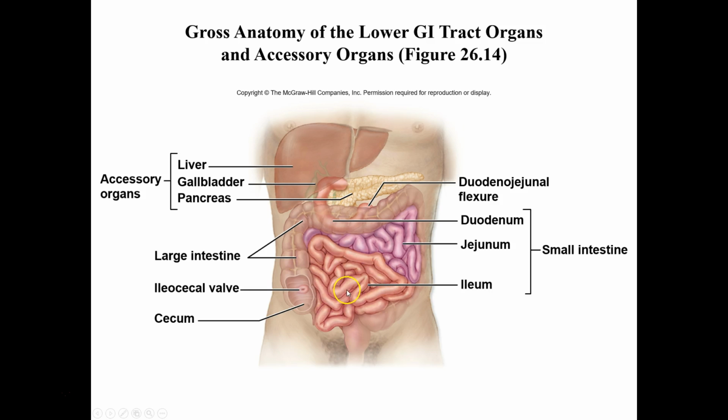The ileum runs into the cecum, which is the first part of the large intestines, at this region called the ileocecal valve, which is another sphincter that controls movement of food from the ileum into the cecum. So then you have the large intestines, which is an ascending, transverse, and descending colon, sigmoid colon, rectum, and anus.